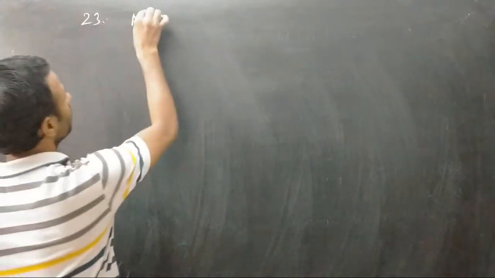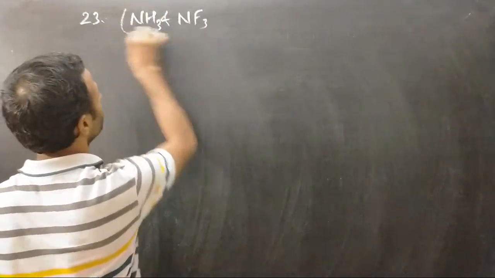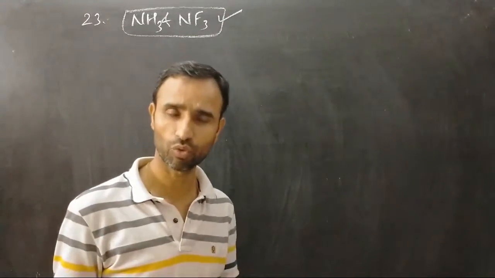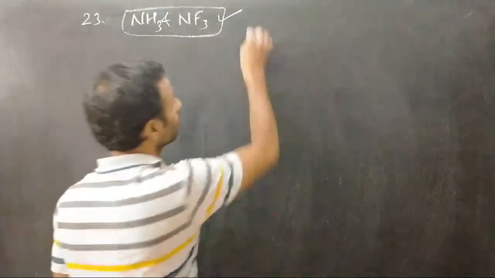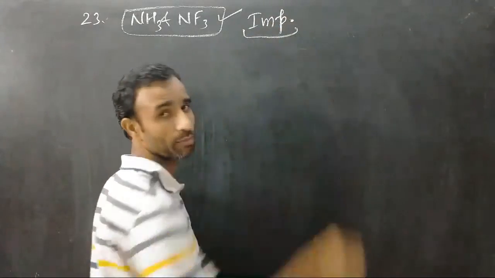Question number 23 is related to NH3 and NF3. I will share the video, and I think I already shared with you the video of comparison. It is a very important question. It will definitely be in the exam.